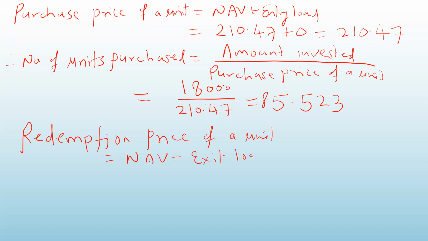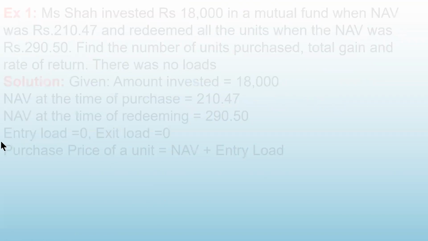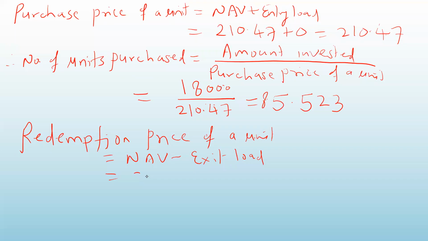Correct? Now, what is NAV at the time of redemption? 290.5, and exit load is 0. There are no loads. So 290.50 minus exit load 0 is 290.5. This is the redemption price of 1 unit.